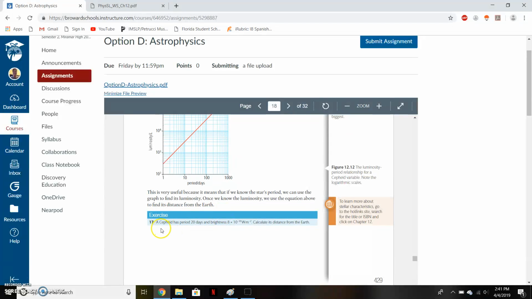So how we solve it is for question 17. A Cepheid cycle has a period of 20 days and a brightness of 8 times 10 to the negative 10 watts per meter squared. Calculate the distance from the Earth.